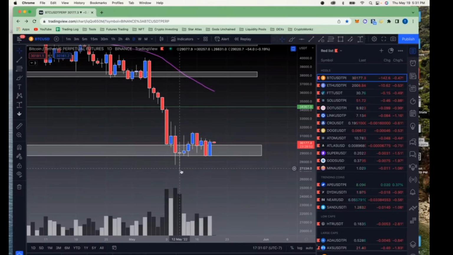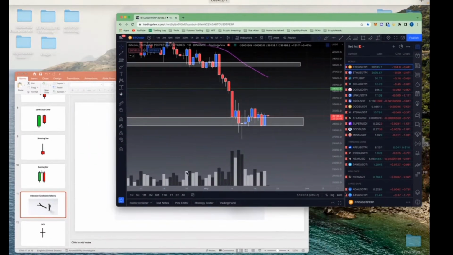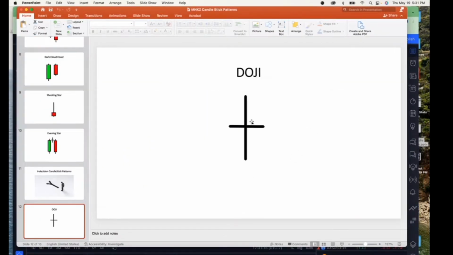This means neither the bears nor the bulls are in favor, so it could go in either direction. Here's the doji. It literally just looks like a plus sign, because bulls tried to push it up, bears tried to push it down, and it ended up somewhere in the middle and doesn't close in any direction.